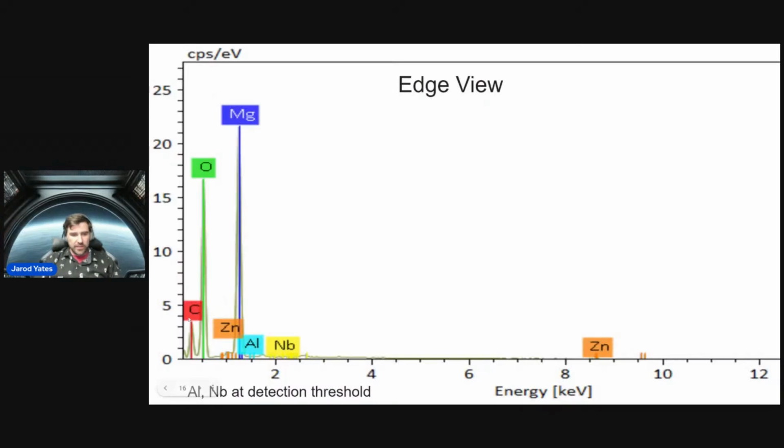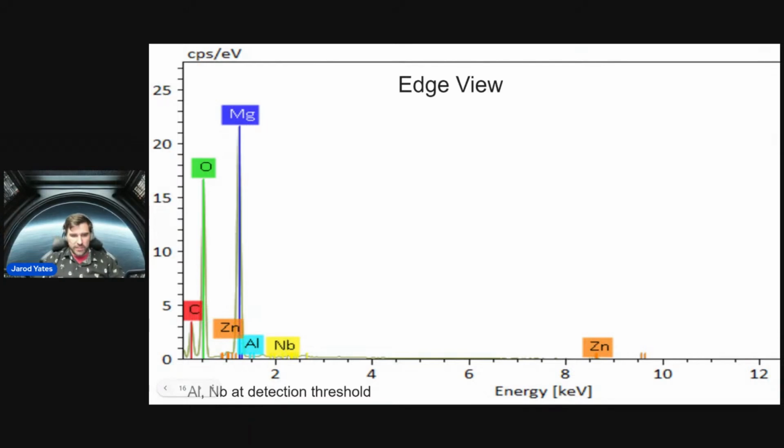Here is the rough spectra from that one. Now, important to keep in mind is when you're down here at the 1 to sub 1 keV range, anything where your count is below 1 is potentially noise. There might be something there, but it might also be a big old nothing burger. But right on the edge of that nothing burger, we were detecting some aluminum and niobium.